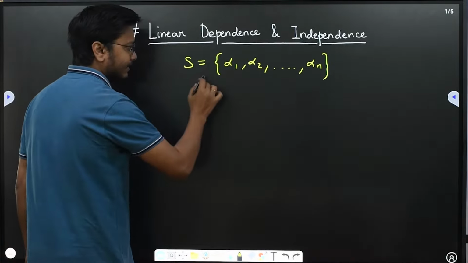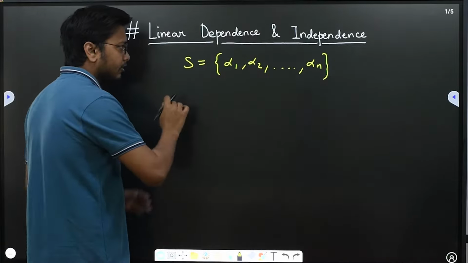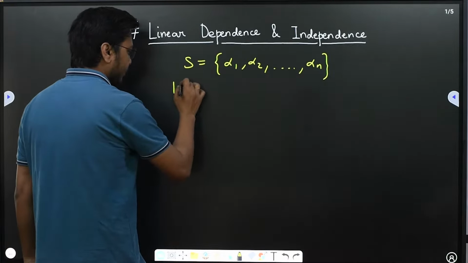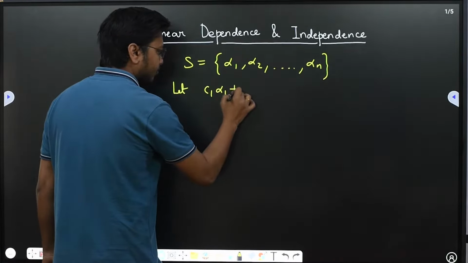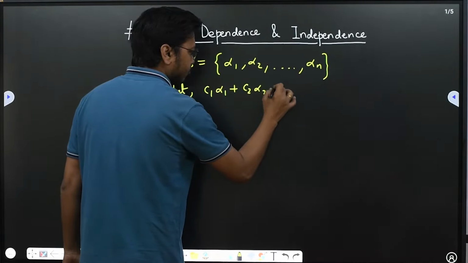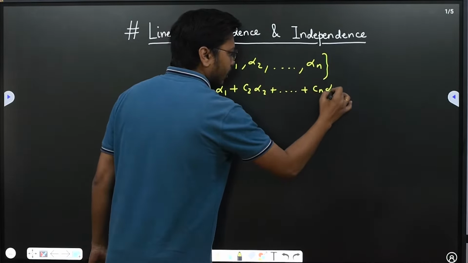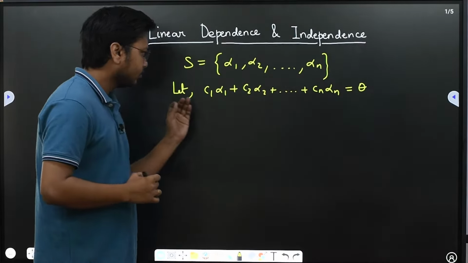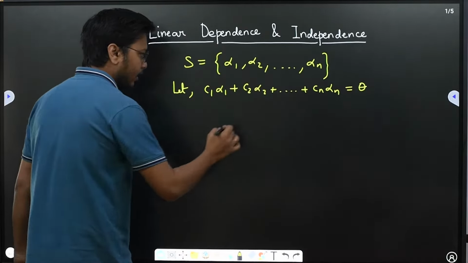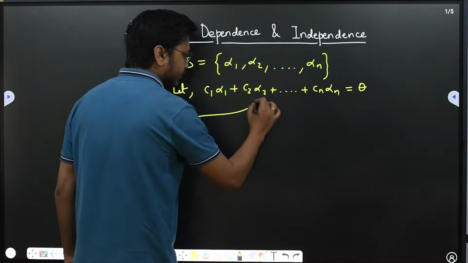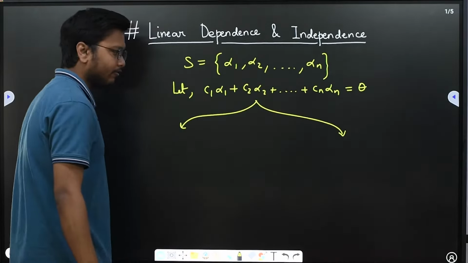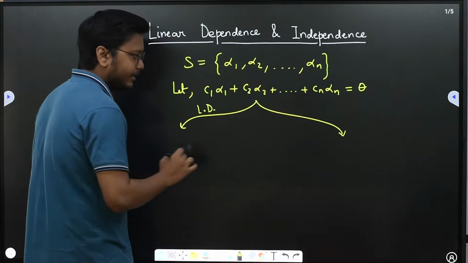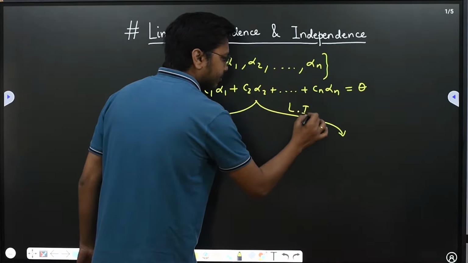For whether it is dependent or independent, first I'll take a common statement: some constant into alpha 1 plus some constant into alpha 2 plus dot dot dot plus some constant into alpha n equals the zero element, which is theta. Let me consider this statement. From here I will develop two definitions, one of linear dependence and one of independence. Linear dependence I will represent by LD, and linear independence by LI.